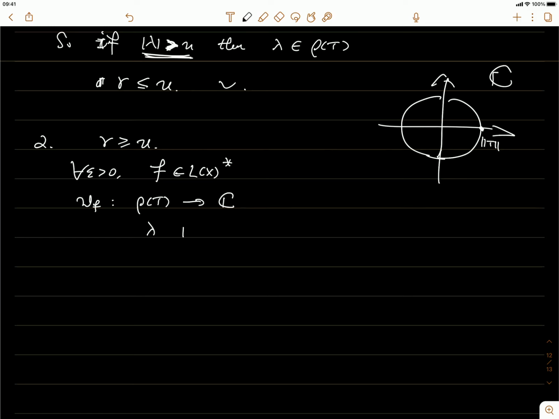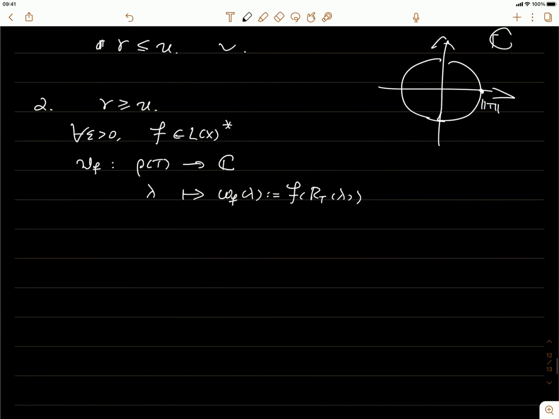Any lambda is mapped to W_f(lambda), defined to be f of the resolvent at lambda. We know that the resolvent exists since we're picking lambda from the resolvent set. Okay, so now let's say we have a spectral radius.